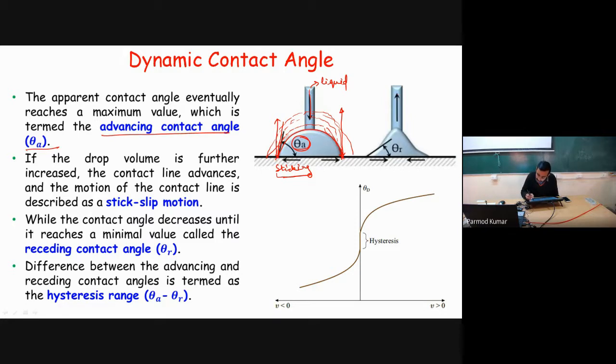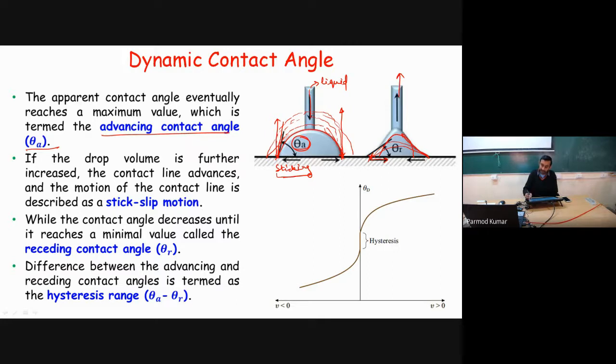Similarly, if we now take liquid out of this drop, the contact line will once again stick like this, and the drop volume will keep decreasing, and the value of the contact angle will also keep decreasing. But after a minimum value of the contact angle, the contact line will retract in the radial inward direction and pin at some new location.